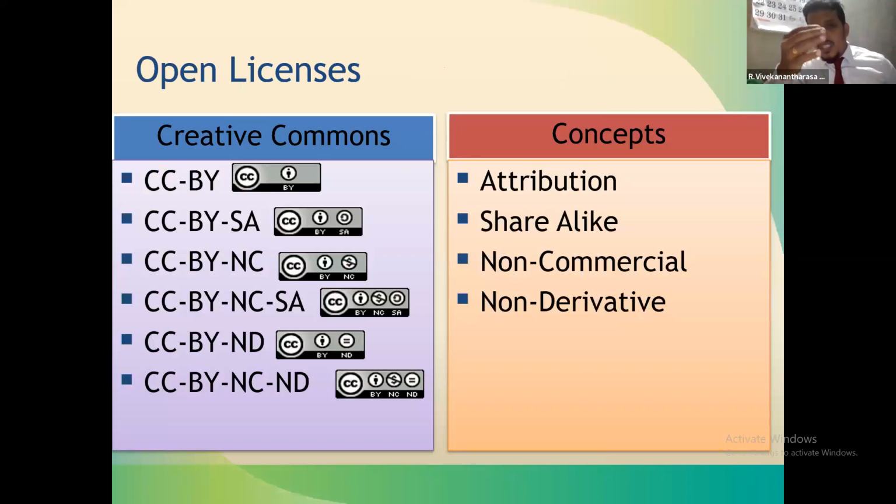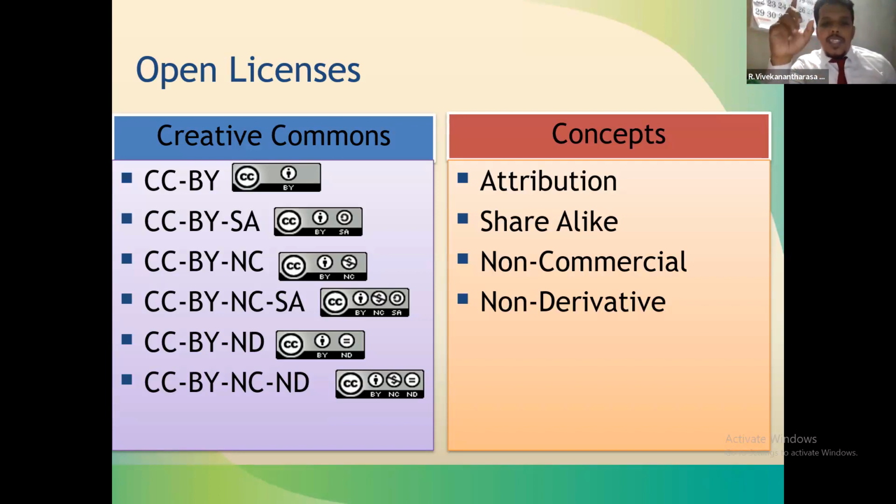Here you see the open licenses, Creative Commons, and the idea of the concept. The first, Creative Commons CC BY. Sometimes you might have downloaded some articles. If you go to the bottom of the article, you will find the Creative Commons, a small icon like this. I mean, in all the articles, they have Creative Commons with the licensing idea, with the copyright meaning.